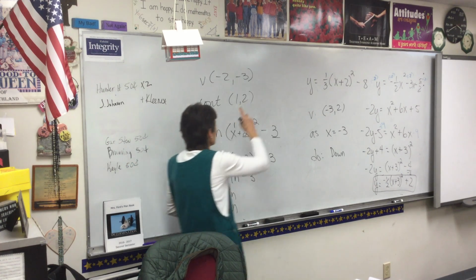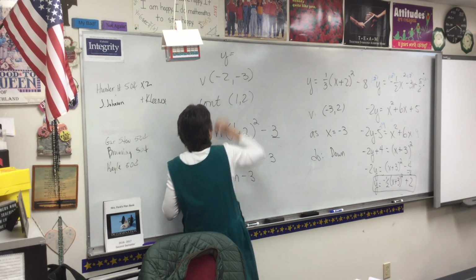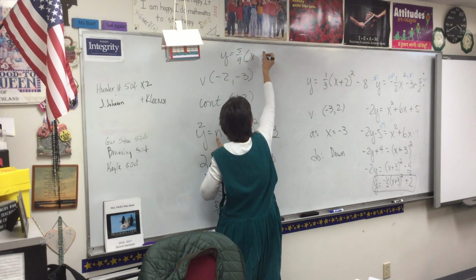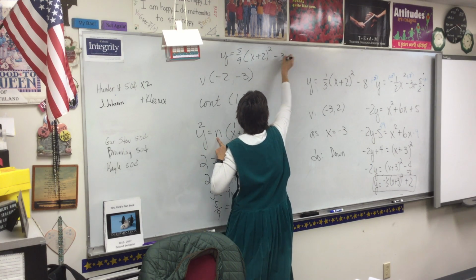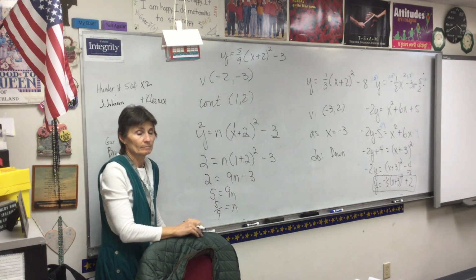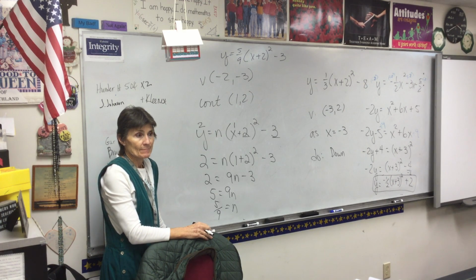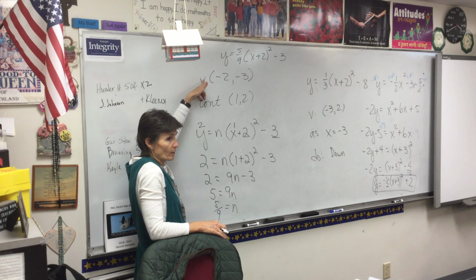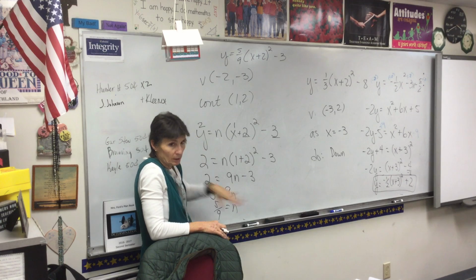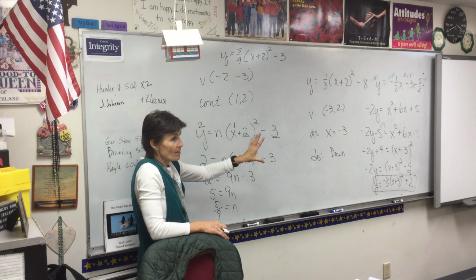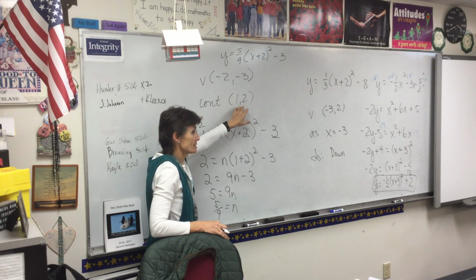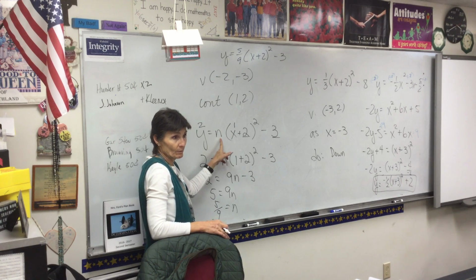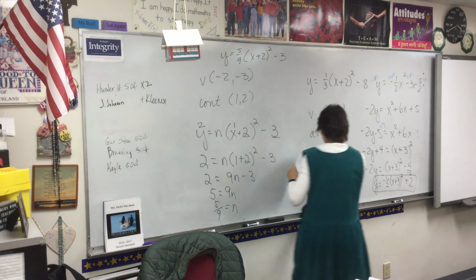So the answer to the question is y equals 5/9 (x plus 2) squared minus 3. Now I gave you 2 pieces of information. Which one did you start with? The vertex, because that's just a plug-in. Then you use the second piece to also plug in for y and x, and that's how we figured out n. Do the same thing on the next one.